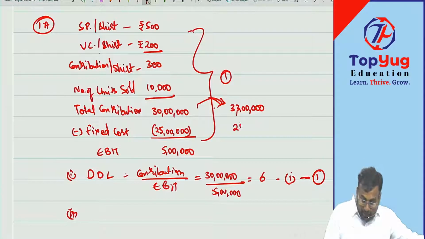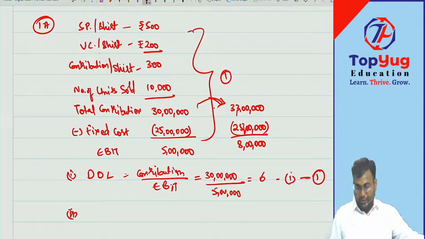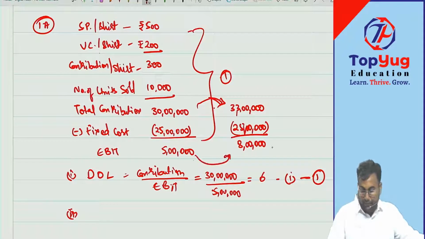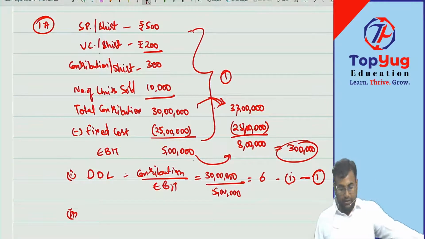Then minus your fixed cost, because fixed cost will not change. You will reach an EBIT level of 8 lakhs. So what is the impact? Impact is 3 lakhs.